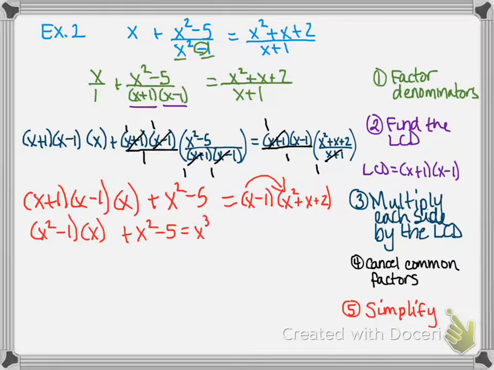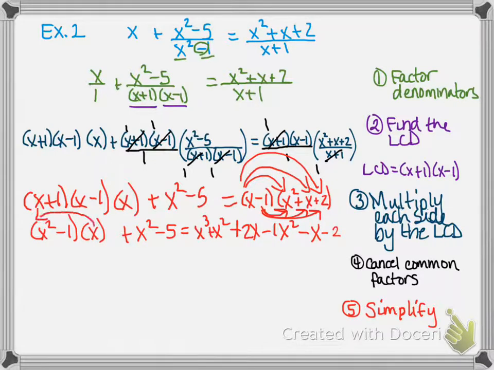X times x squared is x cubed, x times x is x squared, x times 2 is plus 2x, negative 1 times x squared is negative 1x squared, negative 1 times x is minus x, negative 1 times 2 is minus 2.